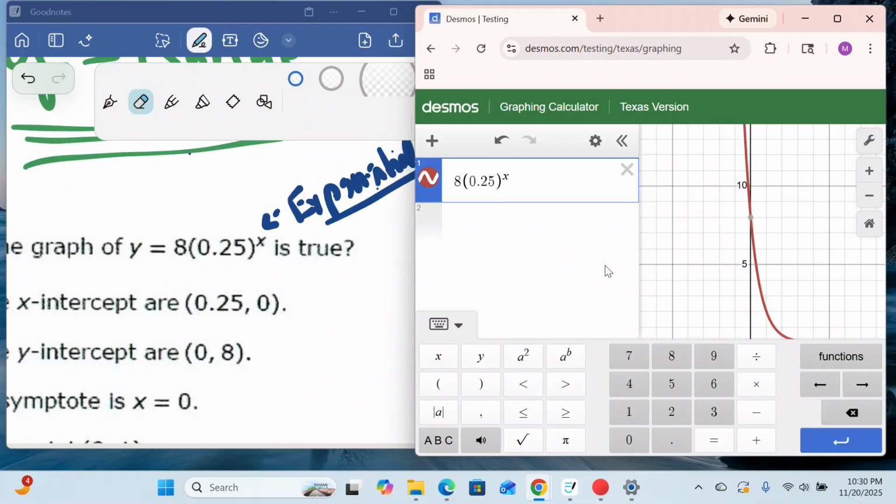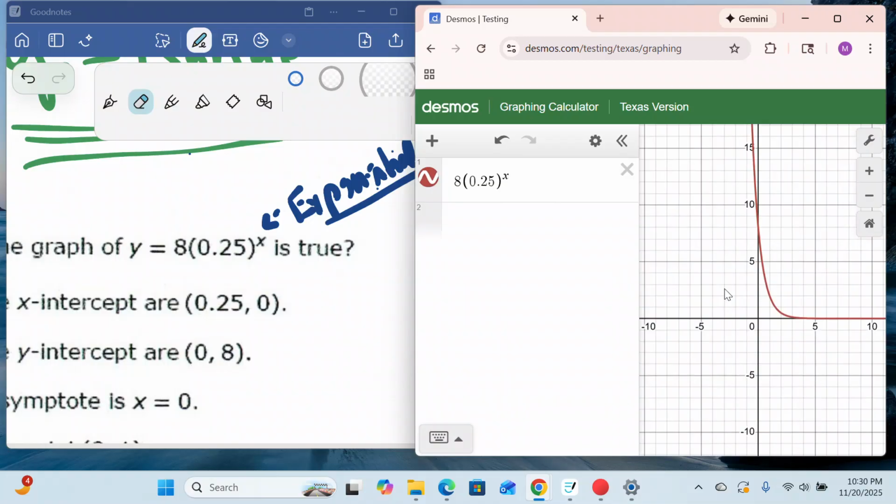There's my graph. And all I have to do is find out, I have my x-axis right here. If you look at this line, I have my x-axis, I have my y-axis, and I got my y-intercept. And remember, I got to click on it, and it's got to stay stuck. If it doesn't stay stuck, then it's not my y-intercept. So my y-intercept, where this graph crosses the y-axis, is 0,8.